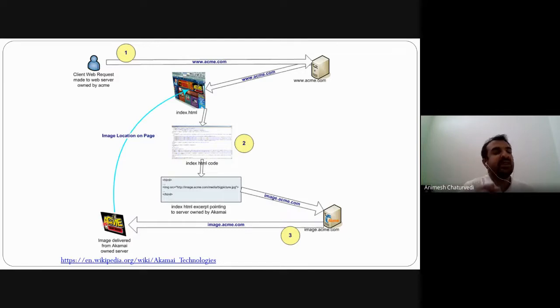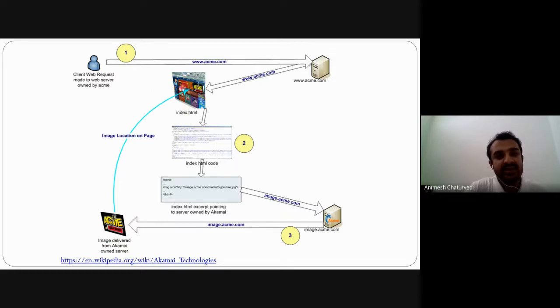So images are stored on the Akamai server, and images are delivered from Akamai's own servers. Akamai delivers this image location on the page, so the image will be called out and redirected from the Akamai server directly.